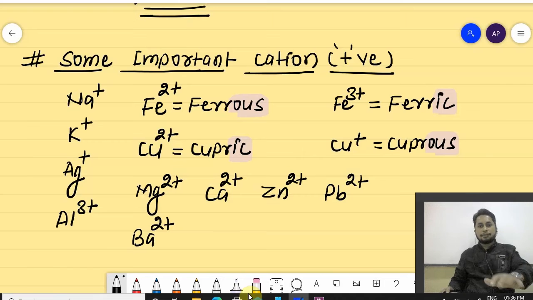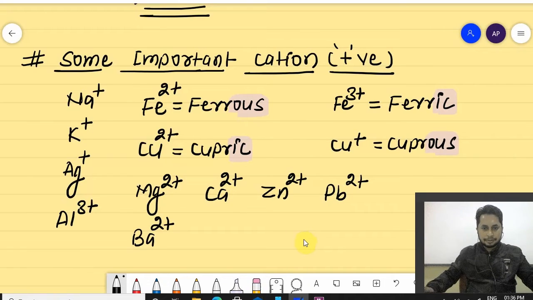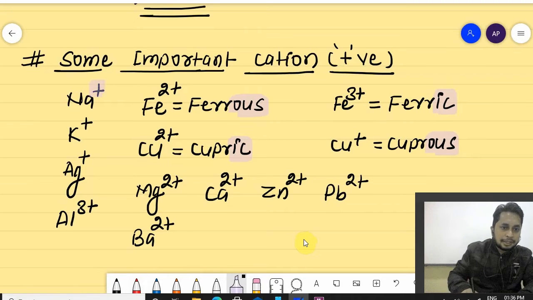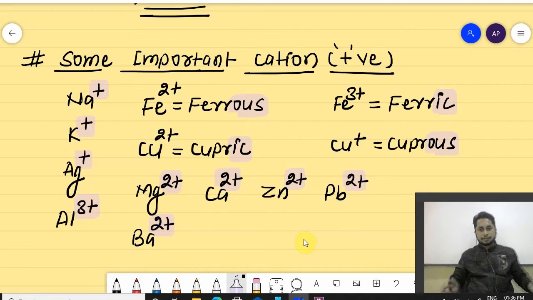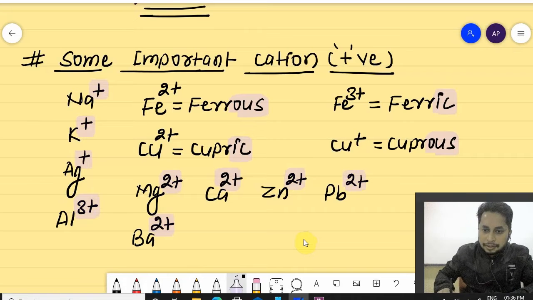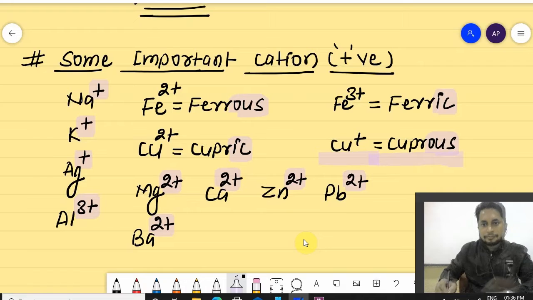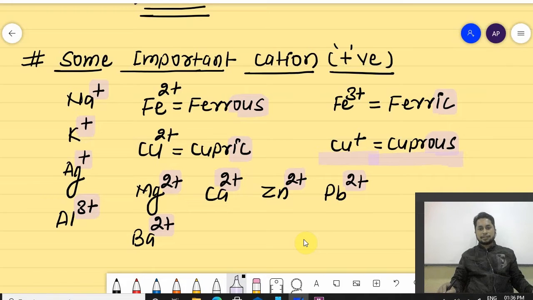And after that we will remember some anions. So a list of some common anions. Always remember the charges: single plus, single plus, single plus and triple plus, double plus, double plus, double plus, double plus, double plus. With most of the anions, this iron and copper will exist in their odd oxidation state.